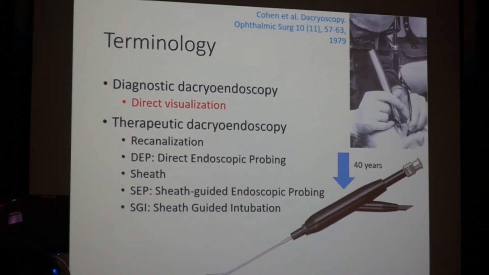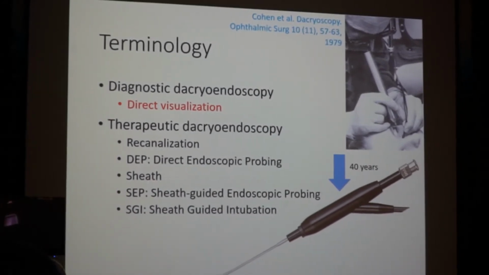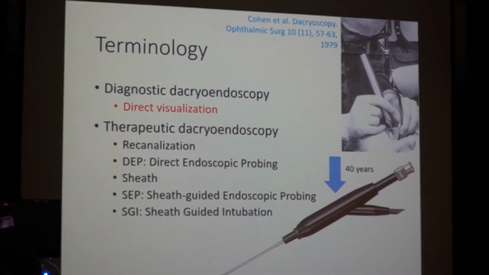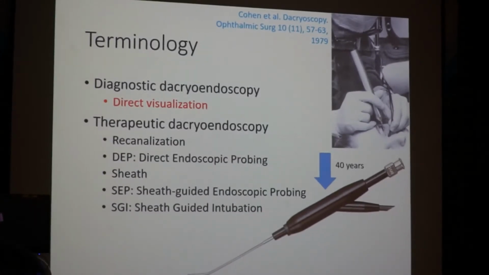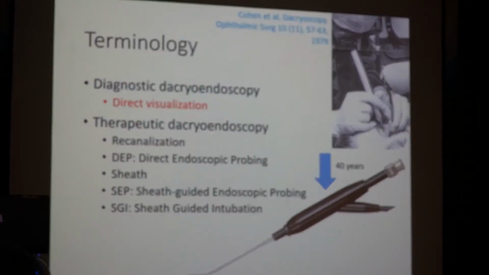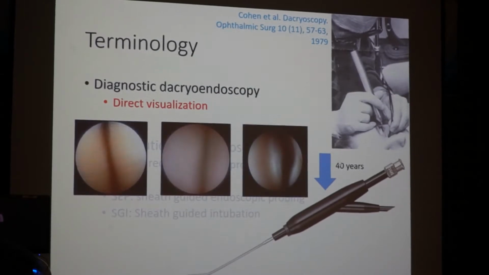Using this endoscope, we can see various findings in the lacrimal passage in various conditions. Among those, I'm going to let you know the most basic findings, like this. When you insert the lacrimal endoscope in the lacrimal sac in a precise alignment, you can see this kind of gap comprised of the medial and lateral wall of the lacrimal sac.